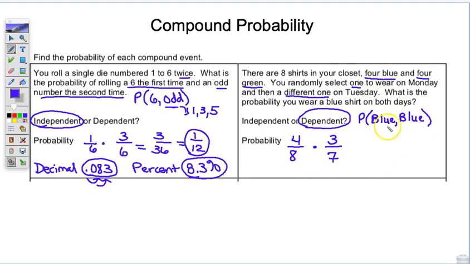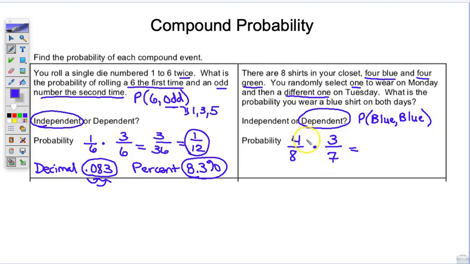So let's talk about that again. The probability of wearing a blue shirt on Monday, another blue shirt on Tuesday. I have 4 blue shirts to choose from on Monday out of 8 shirts. But on Tuesday, because I wore a blue shirt on Monday, I now only have 3 blue shirts to choose from out of a total of 7 shirts.